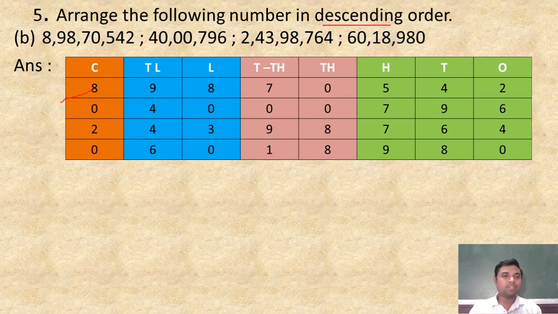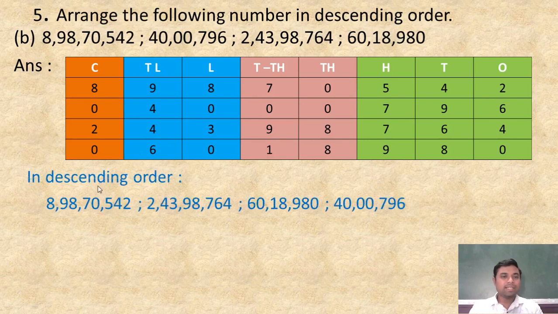So first 8 crore, then 2 crore, here 0, here 0, so you have to move to the next. Here 4 and here 6, so that means this is larger. So first is 8 crore, then 2 crore, then 6, then 4. Write in descending order: first 8, then 2, then 60, then 40.